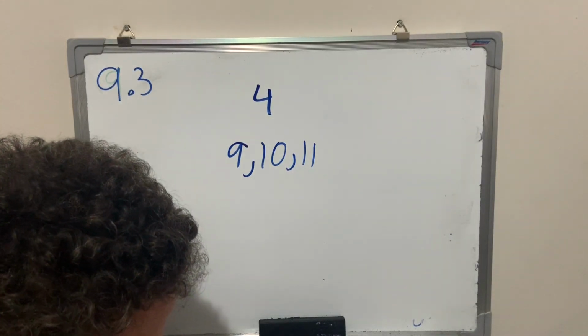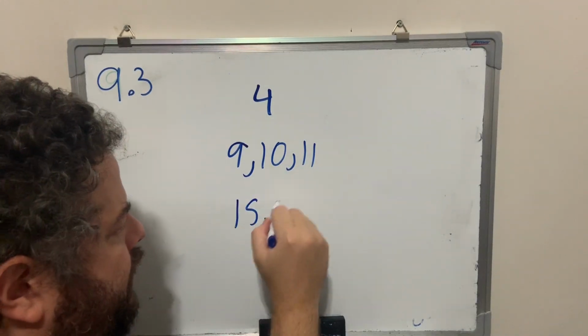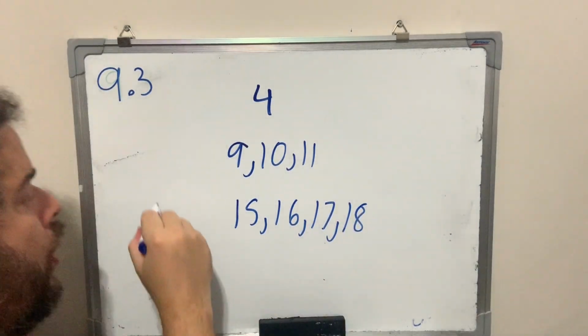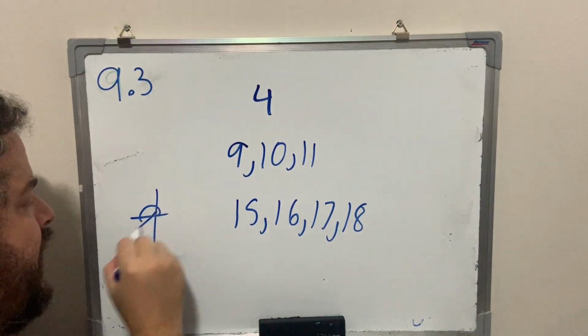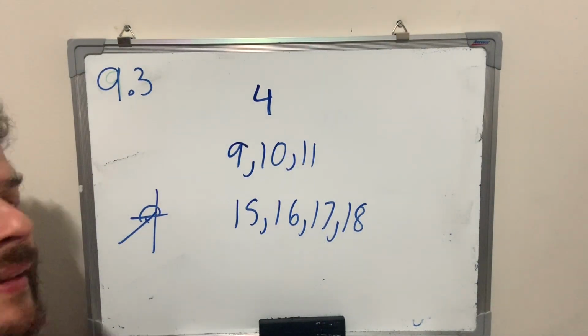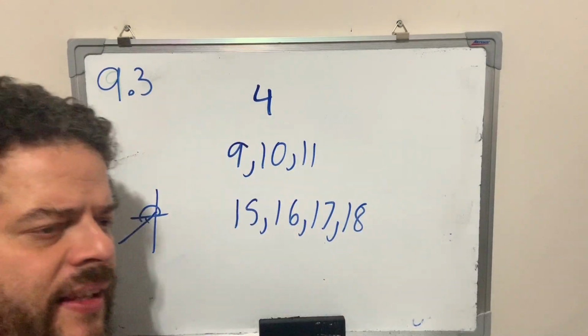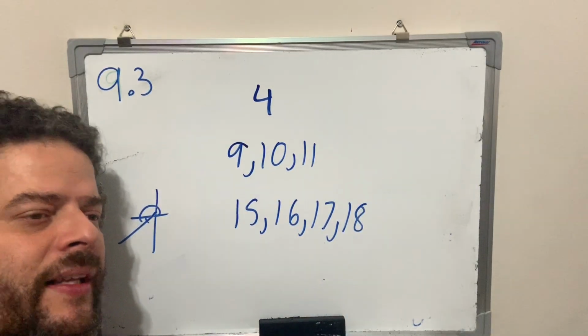And then do 15, 16, 17, 18. For these four, you have to do a rough sketch of the angle and then find the reference angle. That's it for today's homework. Send it in before 11.